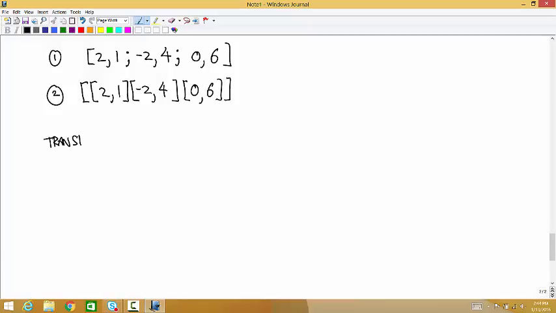Okay, so now we have to talk about some different matrix operations and definitions. The first one is the transpose.